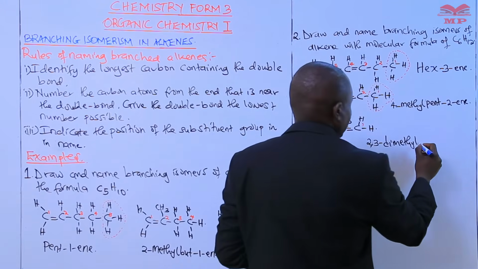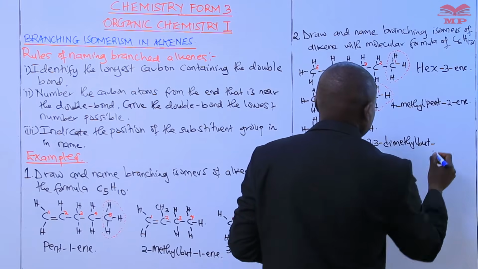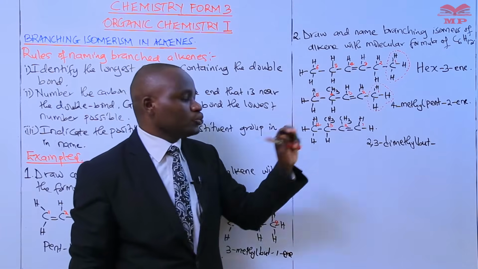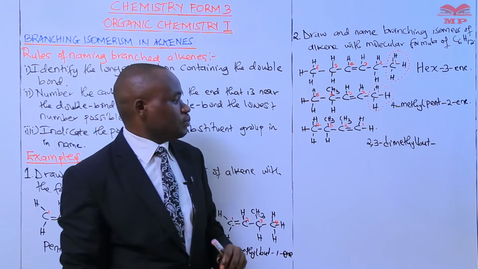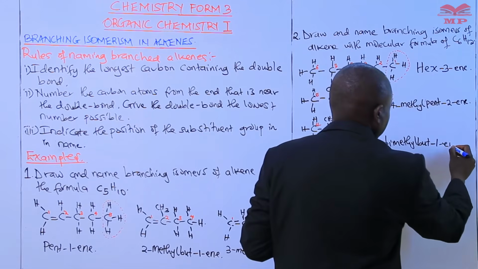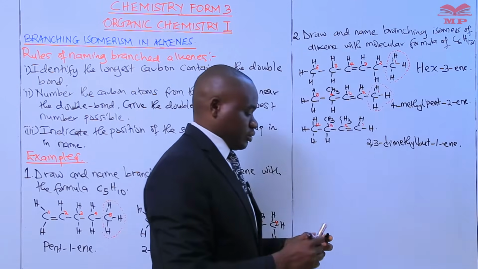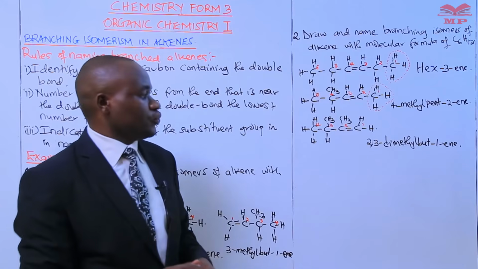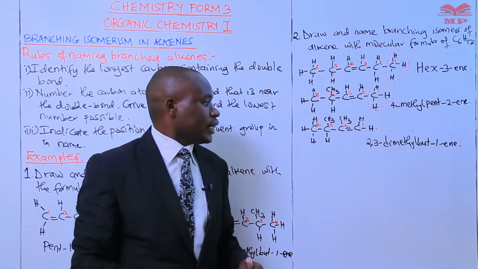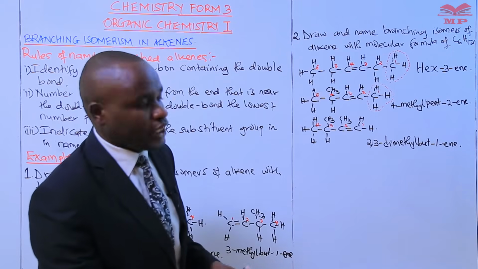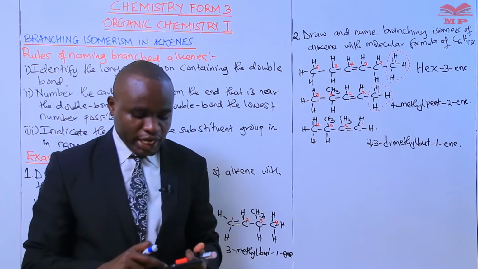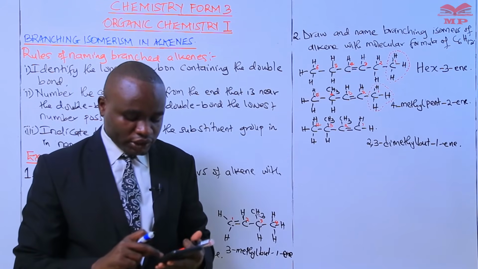Now, the double bond is between carbon 1 and carbon 2, so we pick the lowest number, and that will be 1. So that compound is called 2,3-dimethylbut-1-ene.